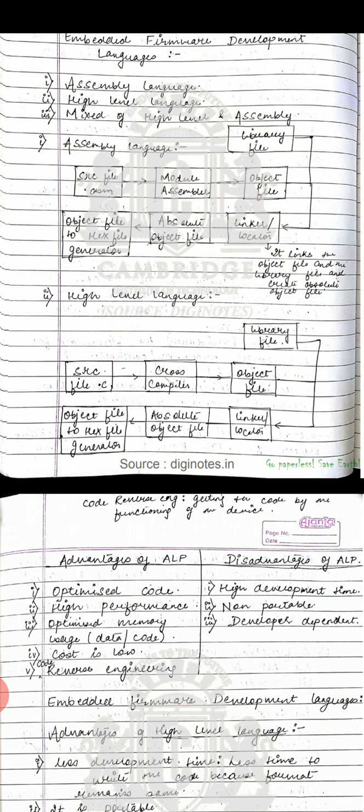The next advantage is optimized memory usage, as we have discussed. If we have optimized code, we can achieve smaller memory. The next advantage is low cost. If we have an ALP program, the cost will be less. The next one is code reverse engineering.